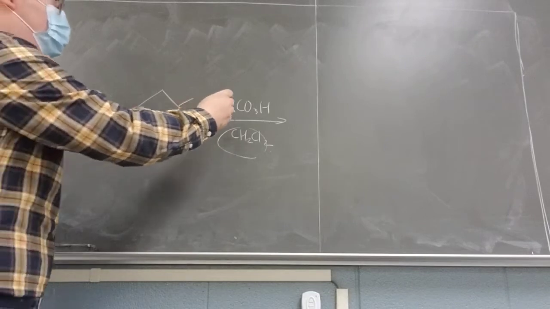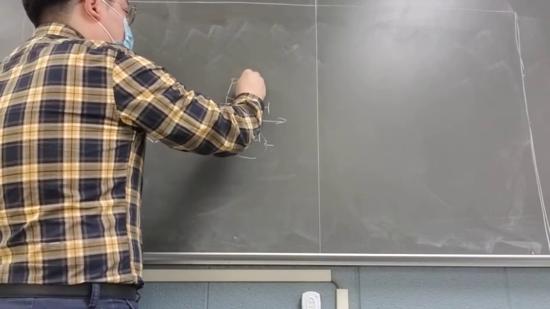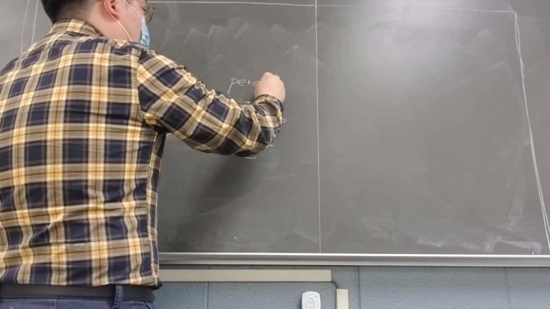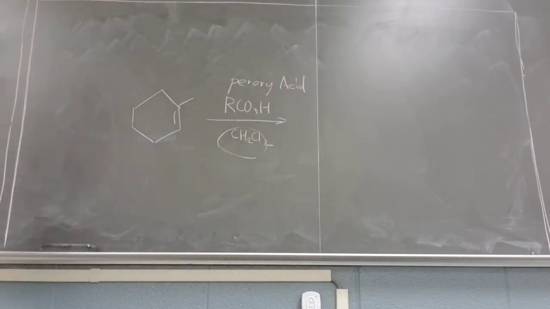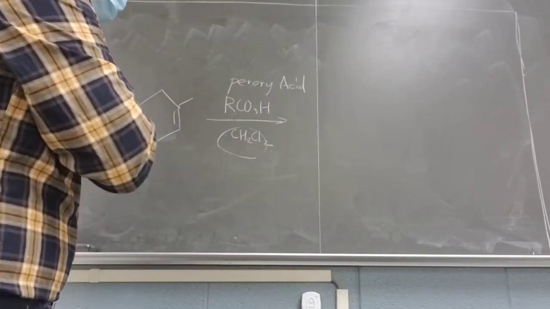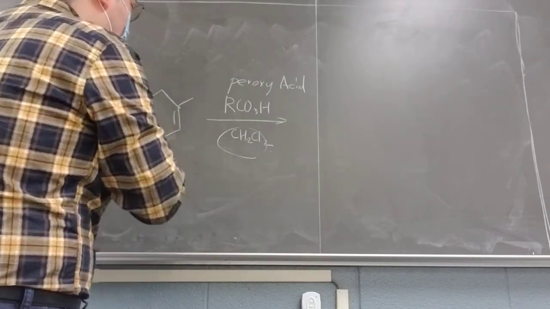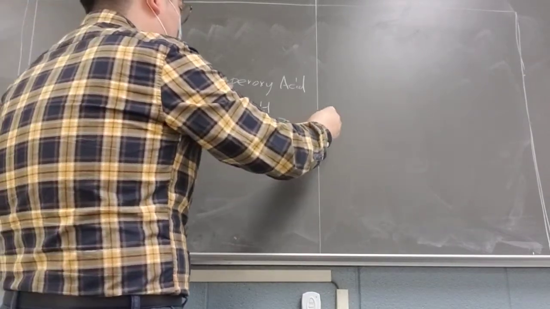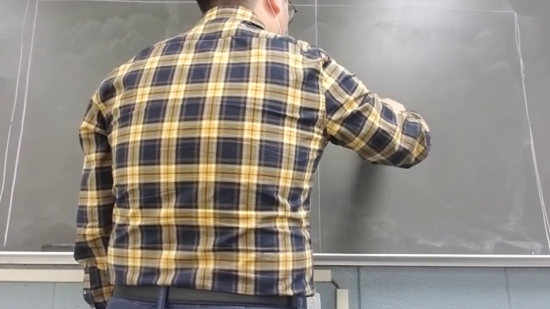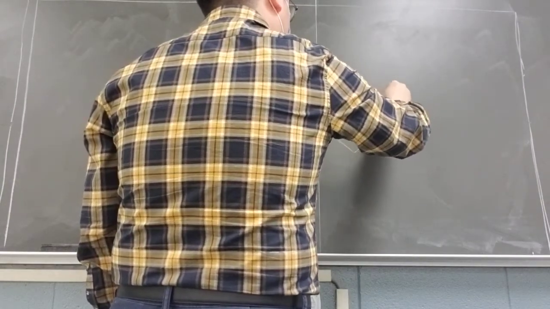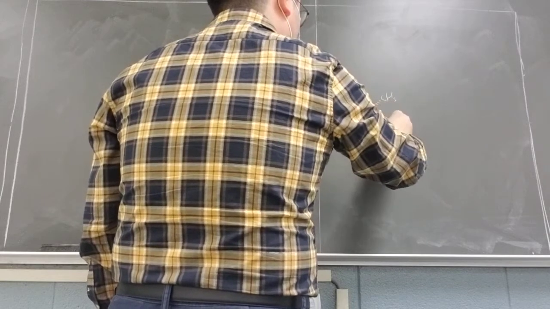So this is a peroxy acid here. The one we discussed in OChem 1 was the meta-chloroperoxybenzoic acid. So what it does really is it makes an epoxide. So this is a quick review.